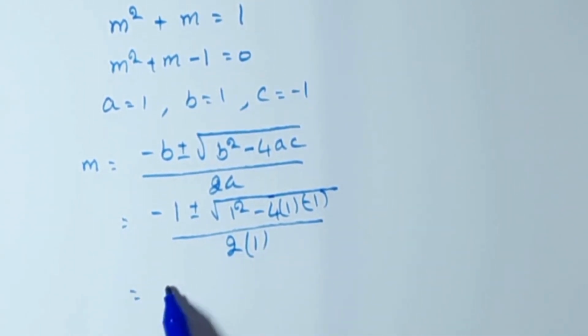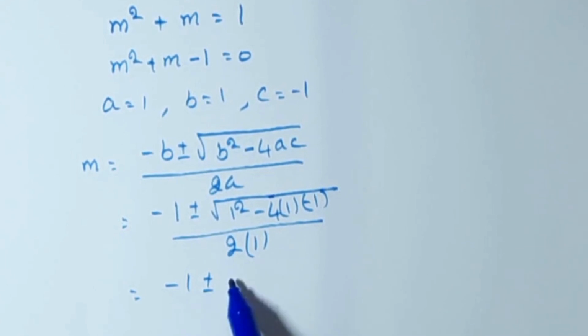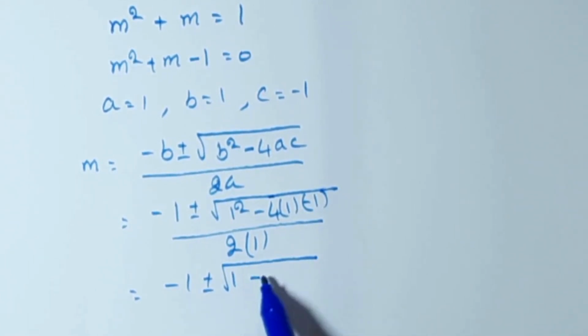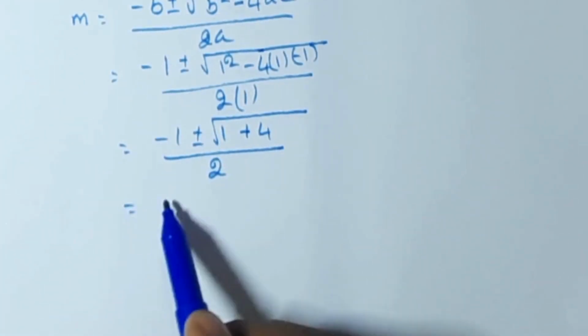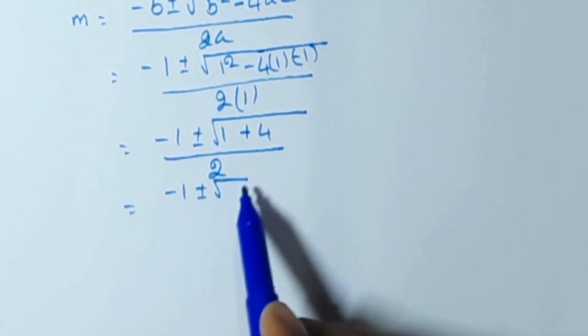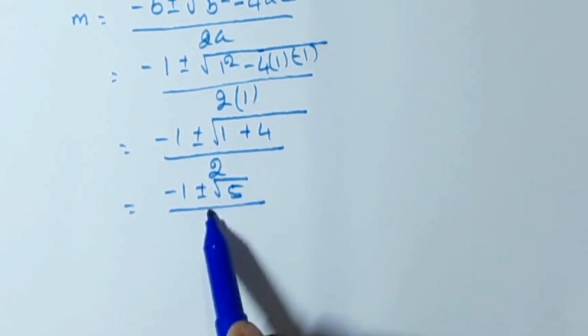So we have minus 1 plus or minus, 1 square is 1 within the root, so plus 4, by 2. Now we have minus 1 plus or minus within the square root 5 by 2.